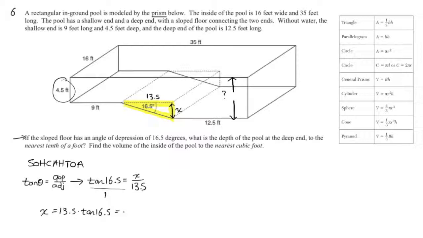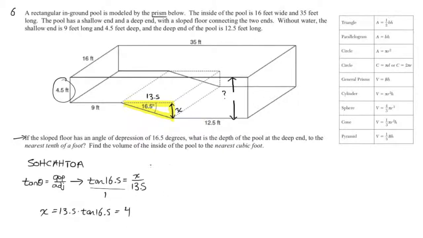That quantity, and do make sure that your calculator is in degree mode for this, that quantity, 13.5 tangent 16.5, does turn out to be just about exactly 4. Calculator is trying to tell me 3.9988.